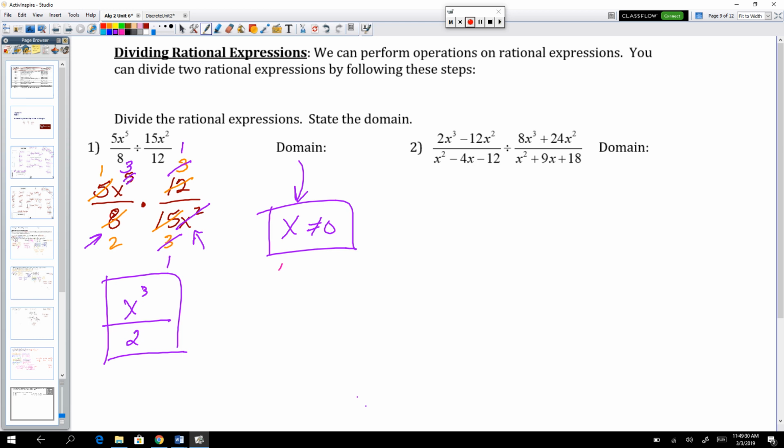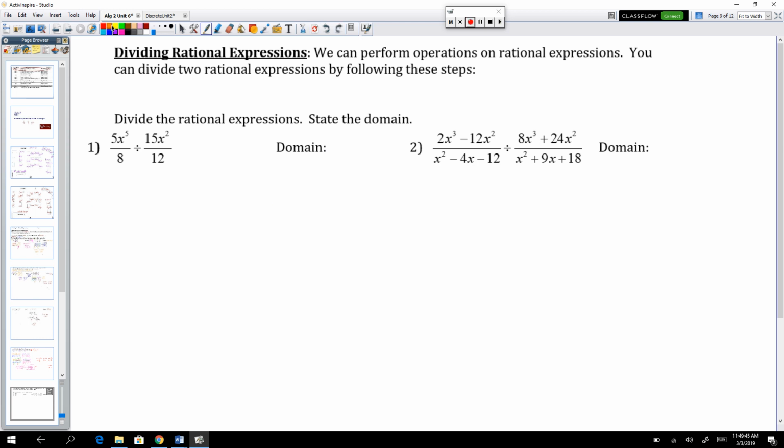All right, number 2, we're back into factoring land. We're looking for GCFs, we're factoring trinomials, and that type of thing. Also, we need to recall that when we divide, we need to multiply by the reciprocal. So let's start that now. In the upper left, it looks like I have a GCF of 2x squared, and I'll leave behind x minus 6.